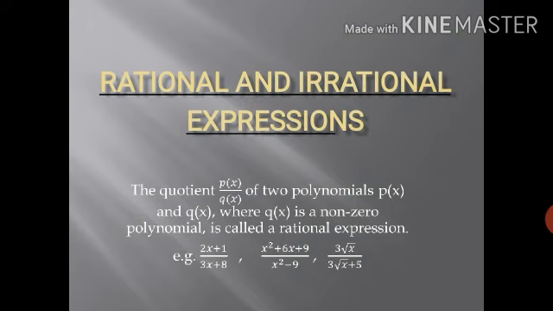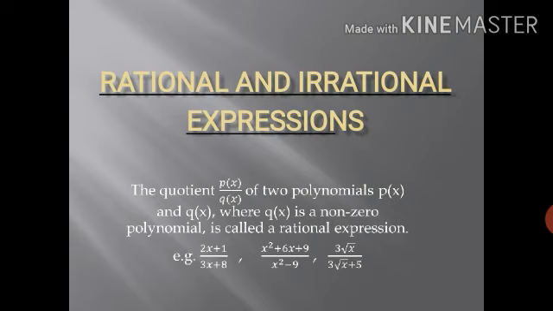And an irrational expression cannot be written in the form of p over q. In irrational expressions, most of the time we have values in square root form whose perfect square cannot be taken. Now we see examples of rational and irrational expressions. The first example is 2x plus 1 over 3x plus 8.